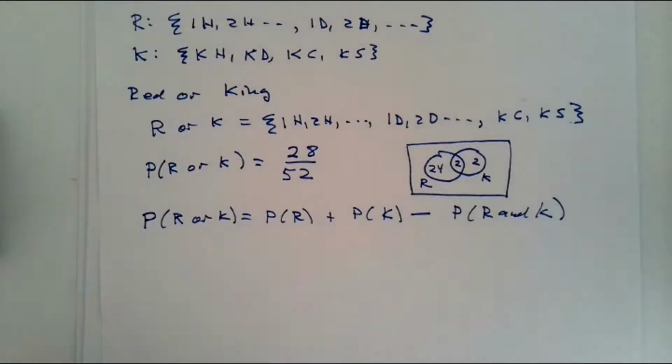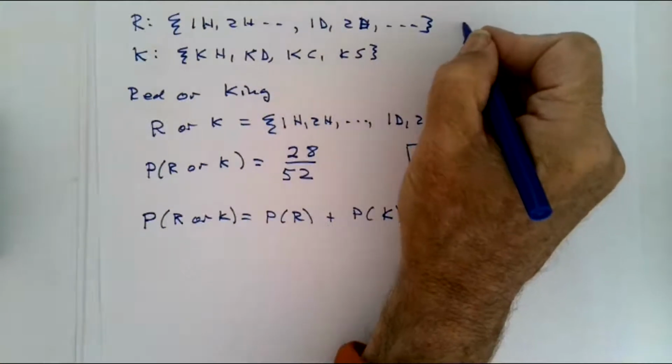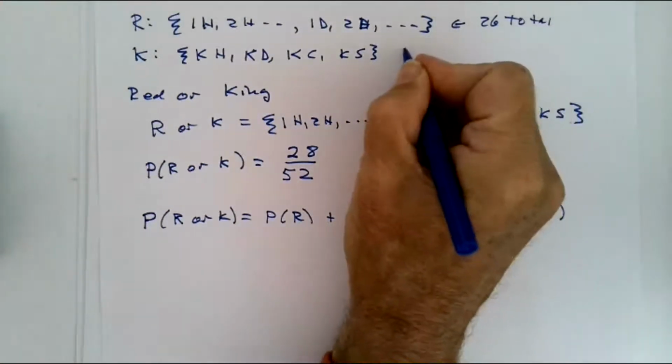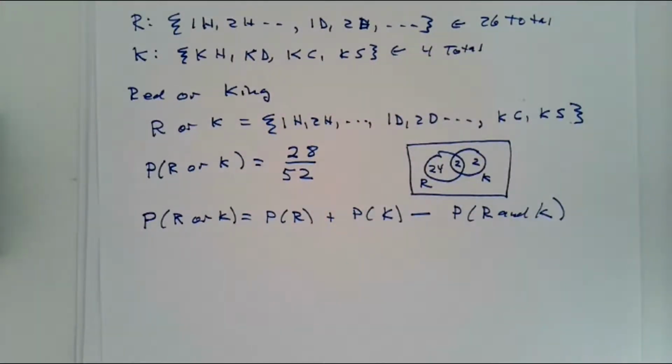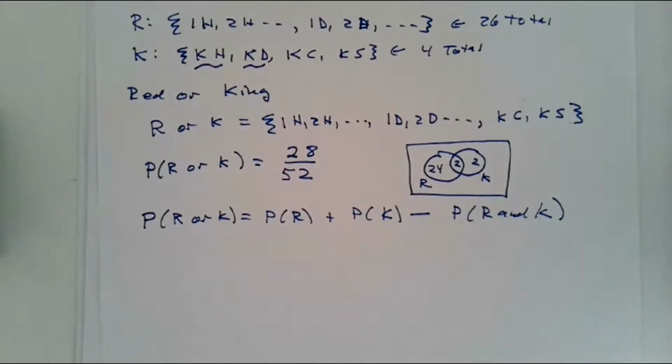So in our situation here, we saw before there were 26 total for our red cards. For our king cards, there are 4 total. But for our overlap, how many do we have? Again, king of diamonds and king of hearts are both red and kings.